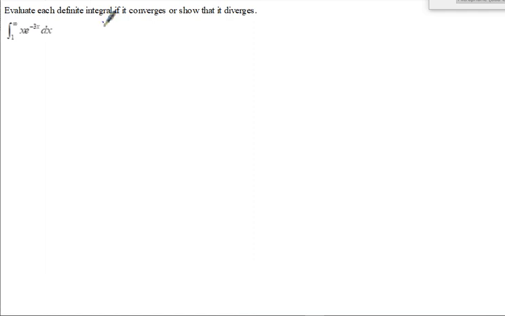Remember, integration by parts. I'll write down the formula here, but you can also look back in your notes in Chapter 2, Sections H and I, when we went over integration by parts.